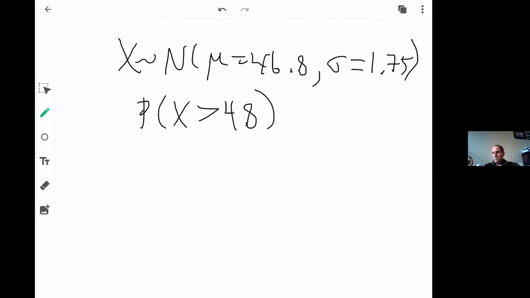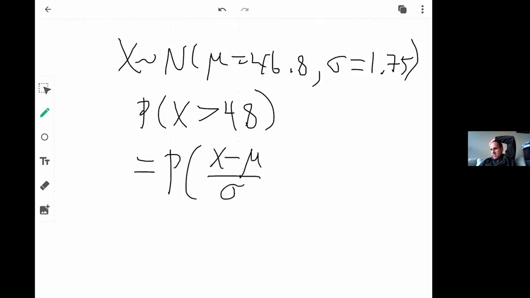Now there's a couple of ways that we could do that. We could use Excel straight up with this mean and standard deviation, or we could convert things to a z-score. So this would be equal to the probability that (x minus mu) over sigma is greater than (48 minus mu) over sigma. I can convert both to their respective z-scores.